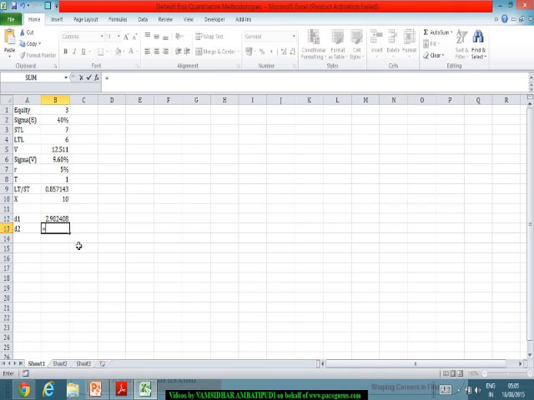D2 comes out as D1 minus sigma square root of T.